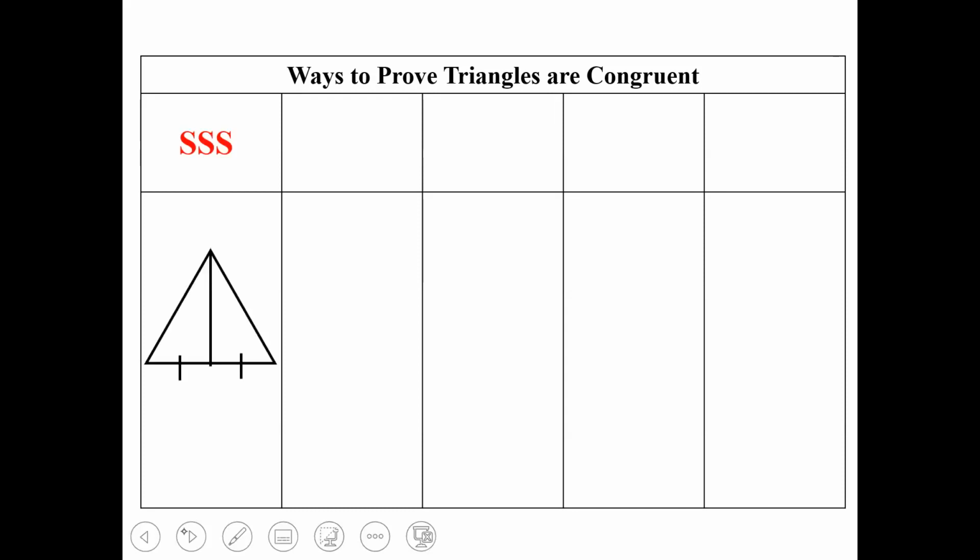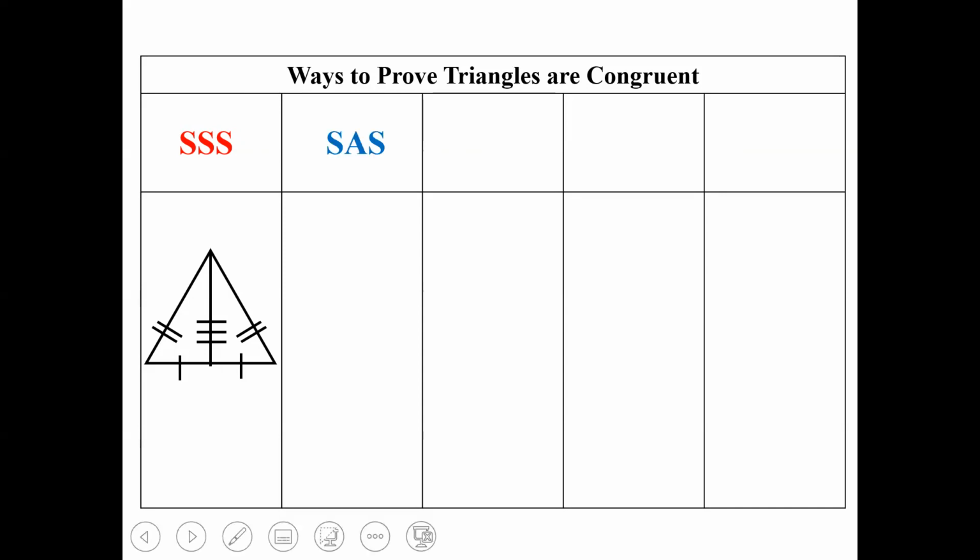So we talked about in our opener this morning the 5 ways the triangles can be congruent to each other, okay? We talked about side side side, where we have 3 sets of corresponding sides that are congruent, okay?